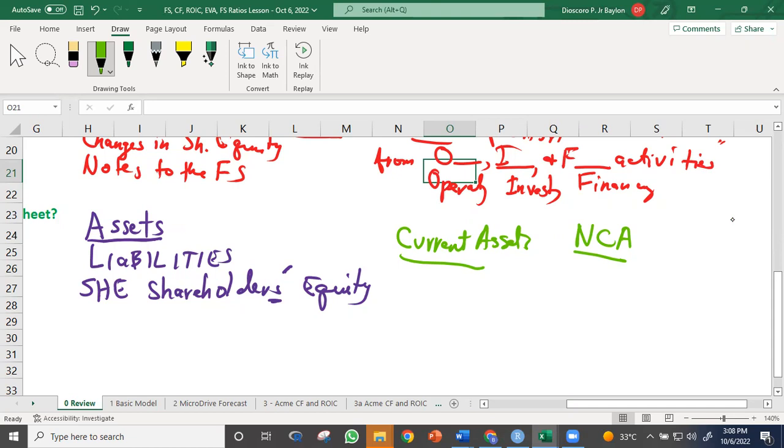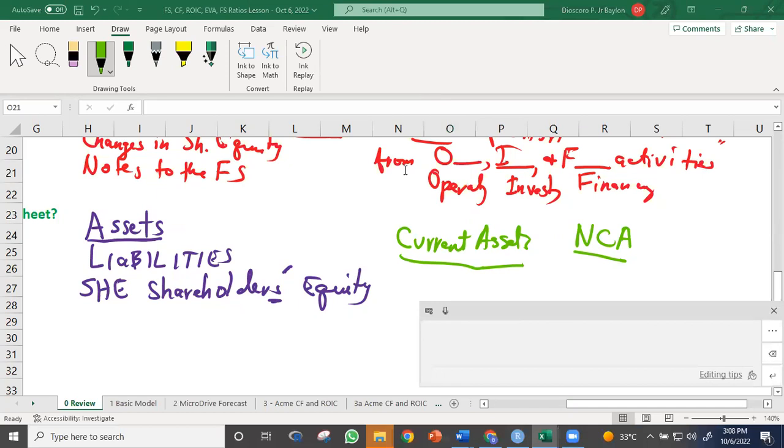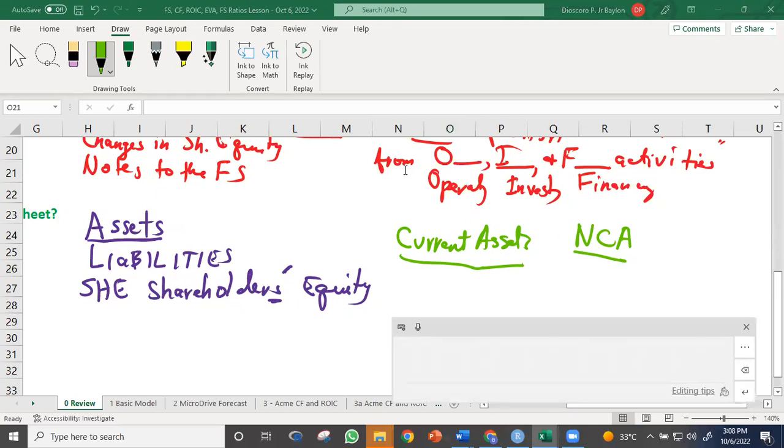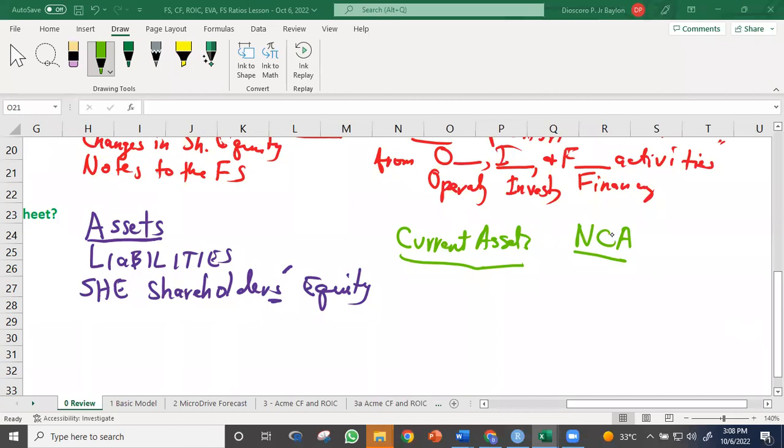Okay, so paano class? How is this arranged? Anyone? Yes, thank you. Okay, Shikaina, thank you. Yeah, you're correct. It's based on liquidity.